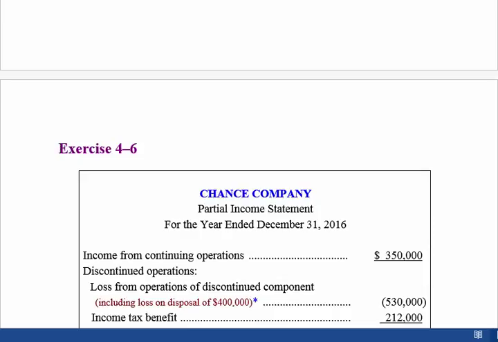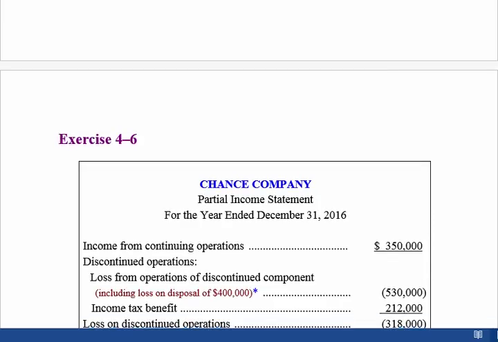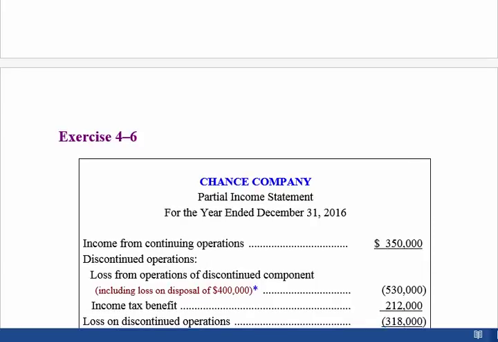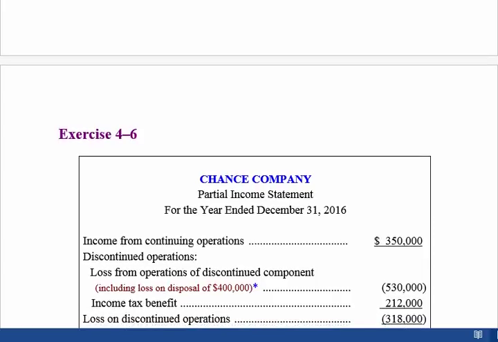Okay, so when we net these two together, we get a loss on discontinued operations of $318,000. That should make sense. If we have a loss, we get some tax benefit for that.